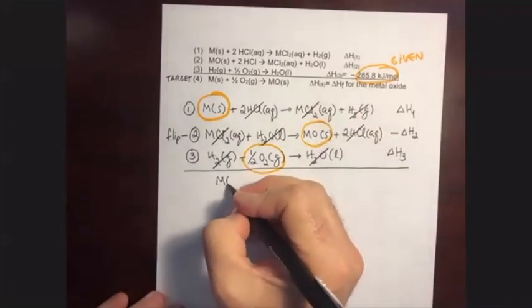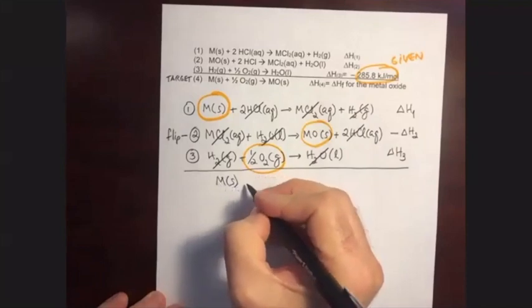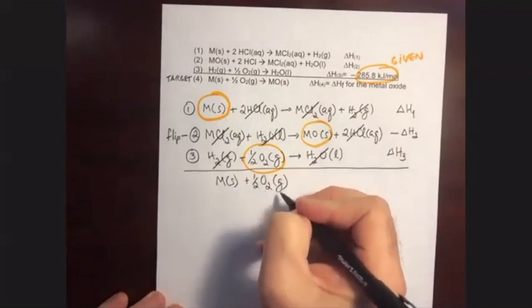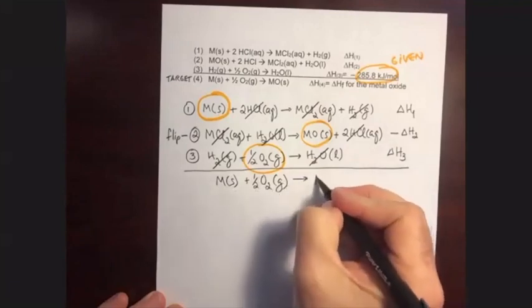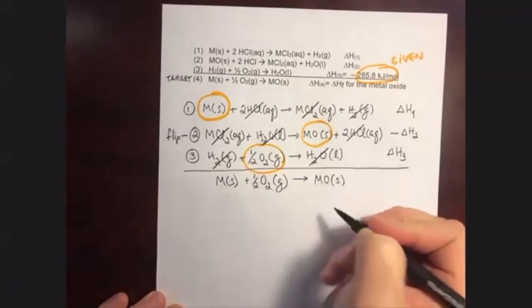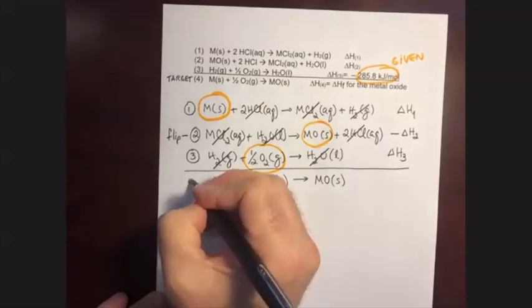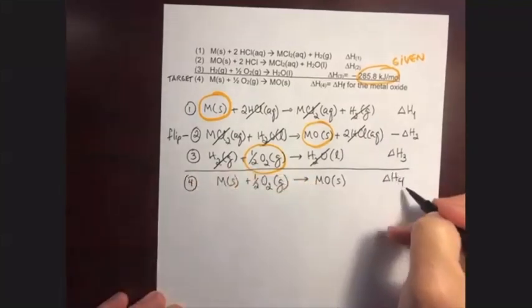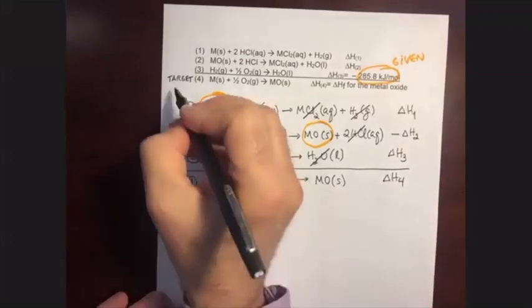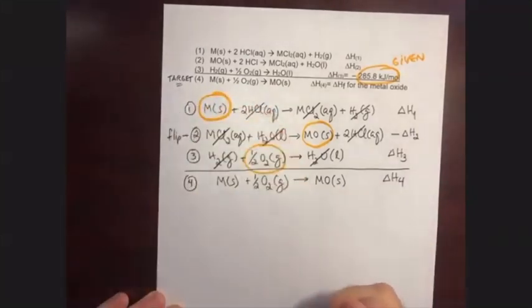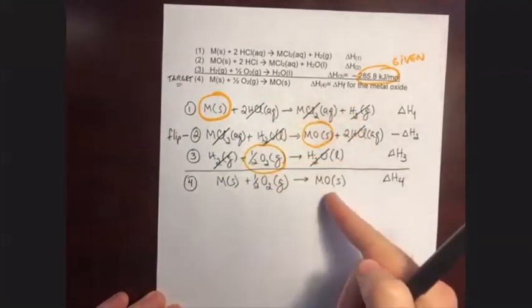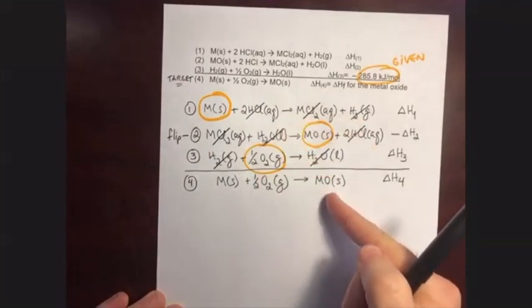So let's write out what the resulting equation is. We have the metal still standing, half a mole of oxygen gas still standing, and the metal oxide still standing. This is reaction number 4, so it would have a delta H4. And as you can see, that is exactly what we were looking for. So essentially, when we add up these equations to give us the one that we want, we are assembling a fictional path.